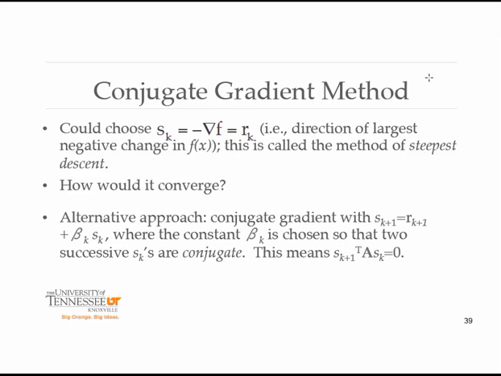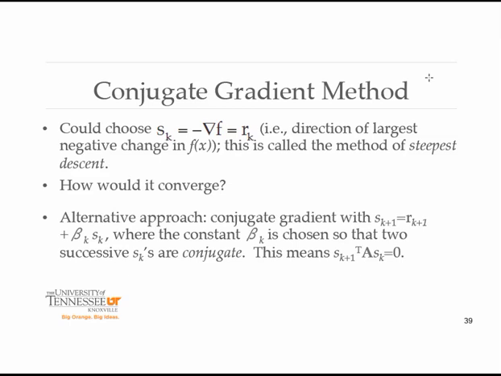And again, remember, for this particular function f, we said that the gradient is Ax minus b, which now we have defined as the residual. So after k steps, this kth search direction could be just the residual r_k. It's the direction of largest negative change in f.